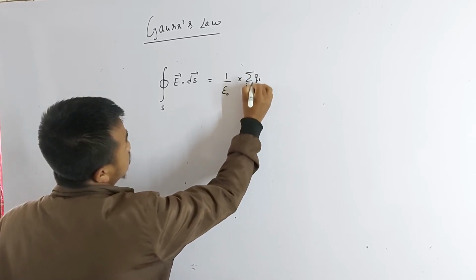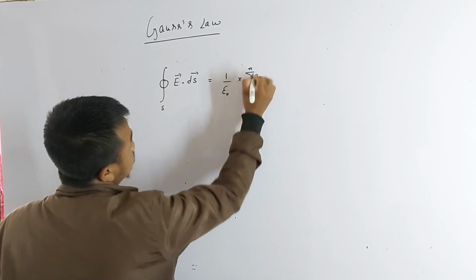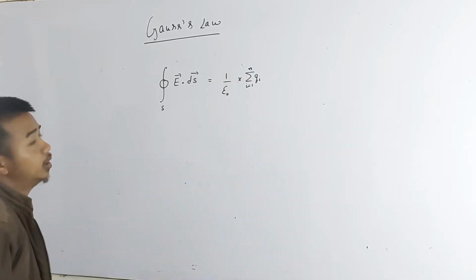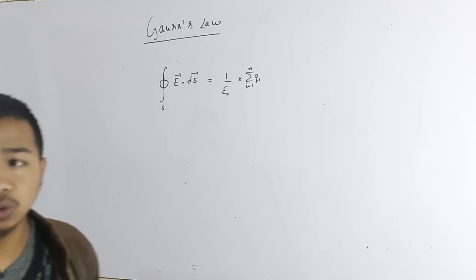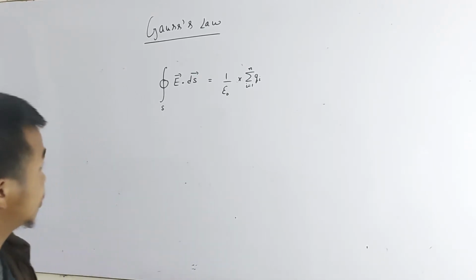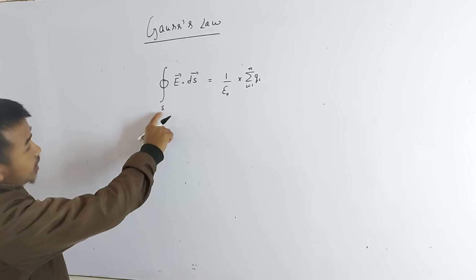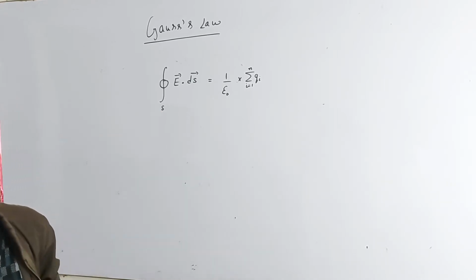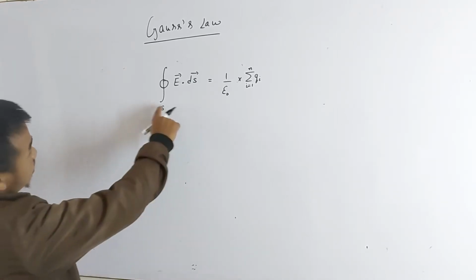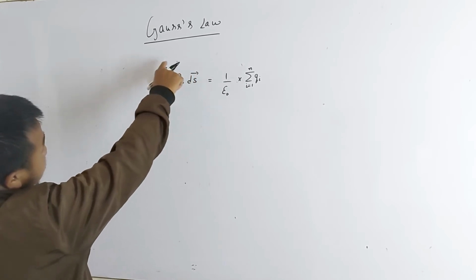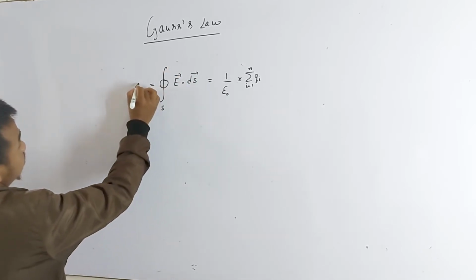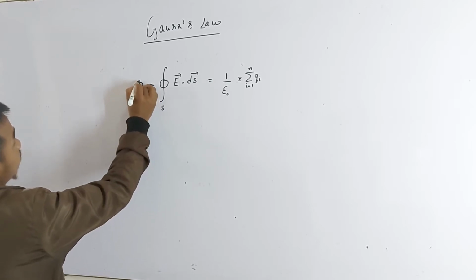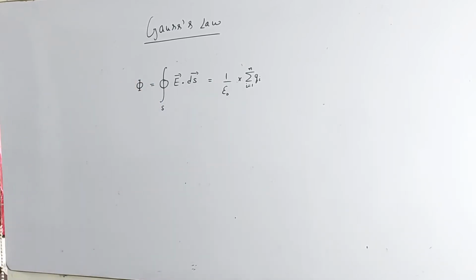The summation from i equal 1 up to n over qi is the total charge enclosed within the surface. Remember that this S is a Gaussian surface. If we look at this equation, this integral is nothing but phi. So this is Gauss's law.